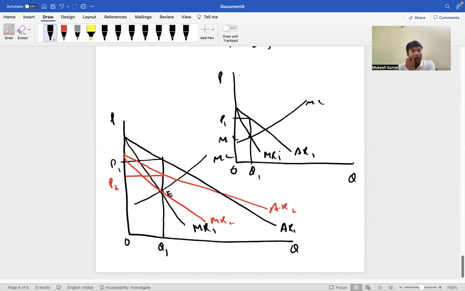Now suppose that there is another demand curve, and the condition is like that. Let me draw first.